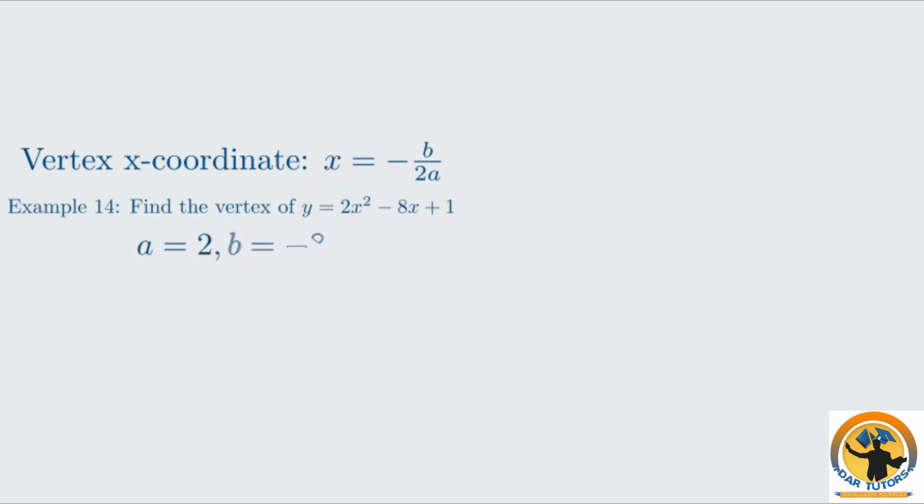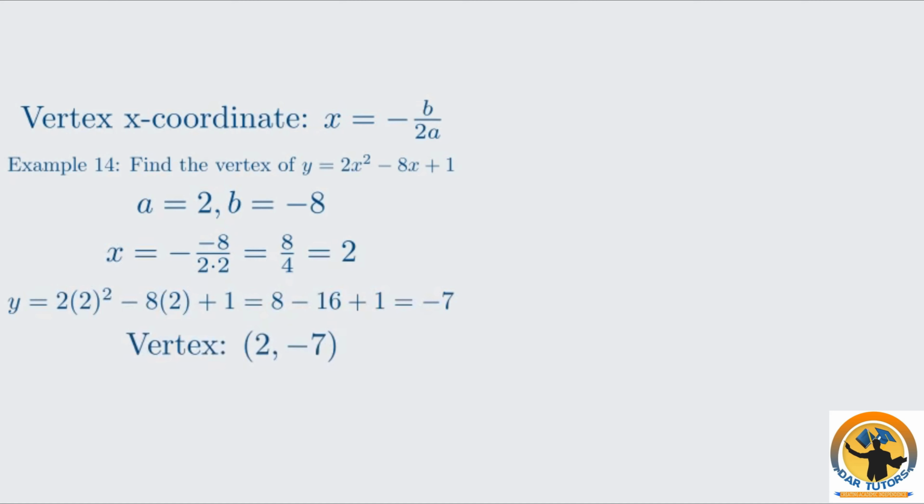Here, a equals 2 and b equals -8. The x-coordinate of the vertex is -(-8) over 2 times 2, which is 8 over 4, or 2. To find the y-coordinate, we substitute this x value back into the original function. y equals 2 times 2 squared minus 8 times 2 plus 1.